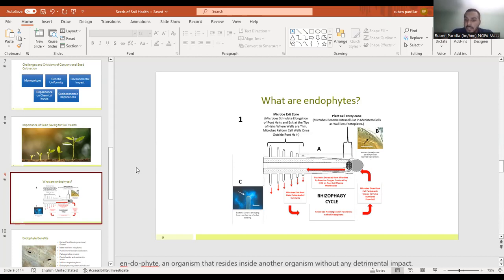The mechanism essentially works as the plant releases exudates, sugars, proteins, acids, a biofactory of chemicals, into the soil. These attract specific microbes. The microbes are then actually taken up by the plant roots.